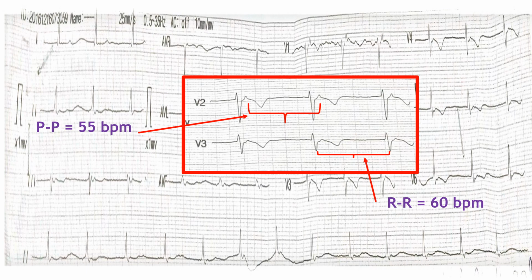It cannot be an AV block because for an AV block, the sinus rate should be faster, and then there should be non-conduction or slow conduction or intermittent conduction down the AV node.